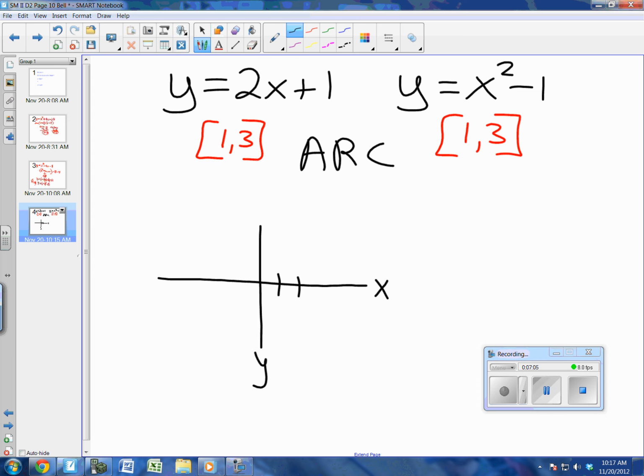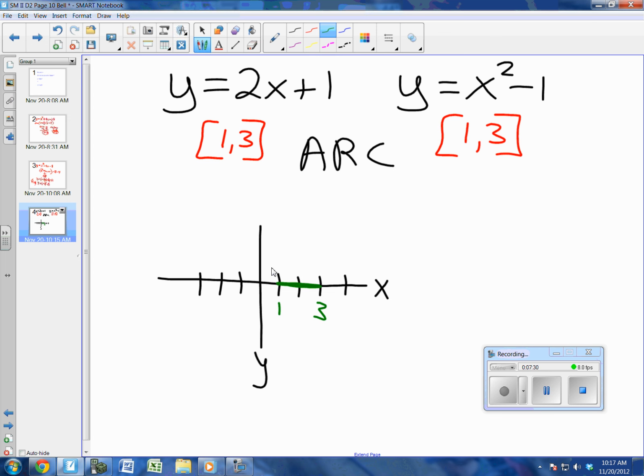Someone wants to know what interval means. When we talk about x intervals, and that's what we're talking about right here, we're talking about a length along the x-axis, okay? When I say the interval 1, 3, here's 1, and here's 3.